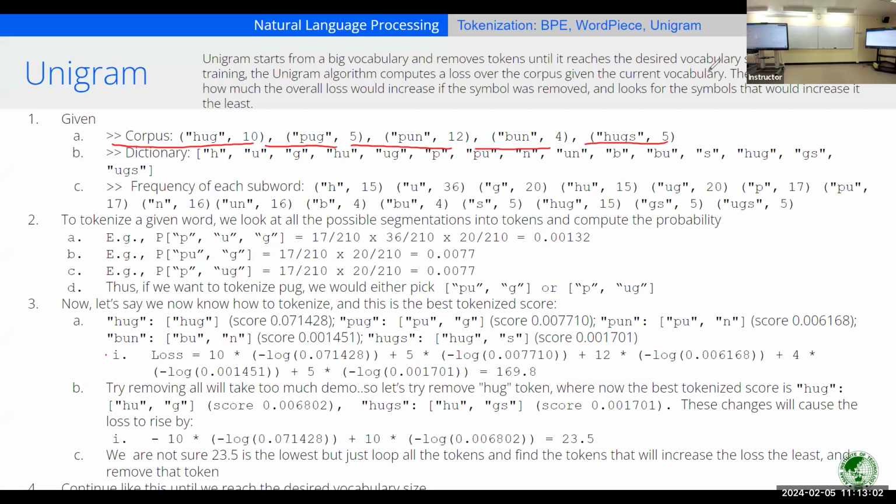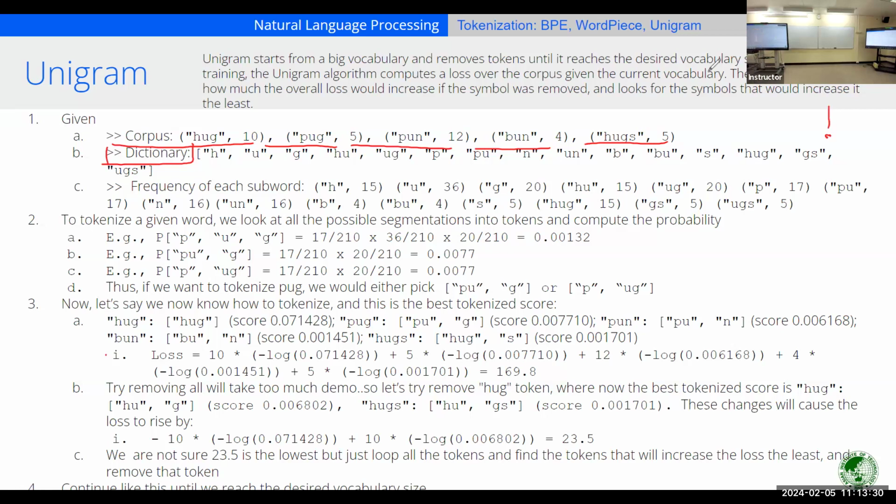But the dictionary is a little bit different. This one is a bit of a headache. In Unigram, you start from all possible vocabulary, and then you slowly delete. So in the dictionary, you start with all possible combinations. Basically factorial, right?